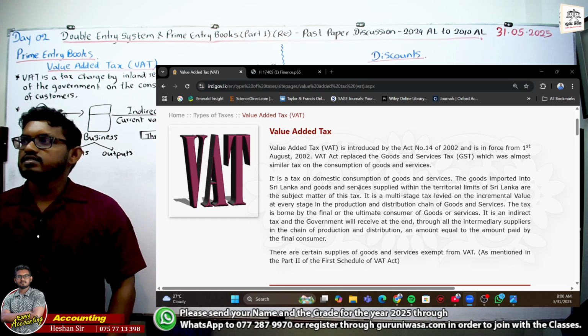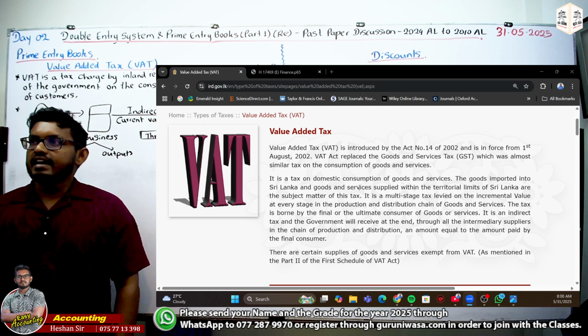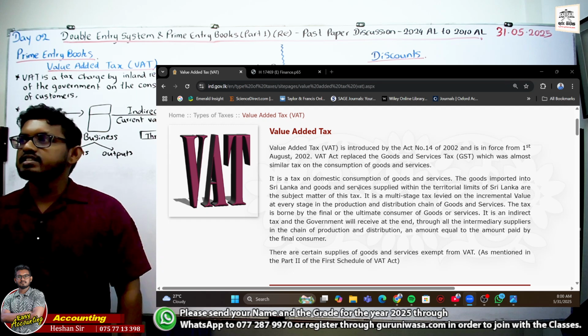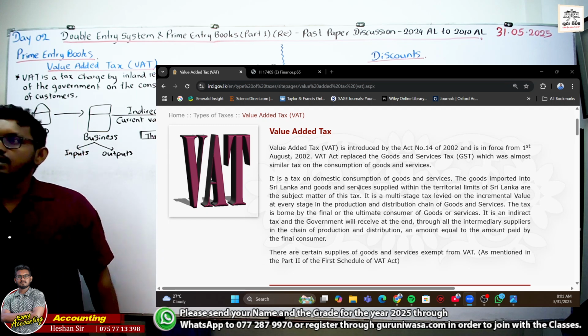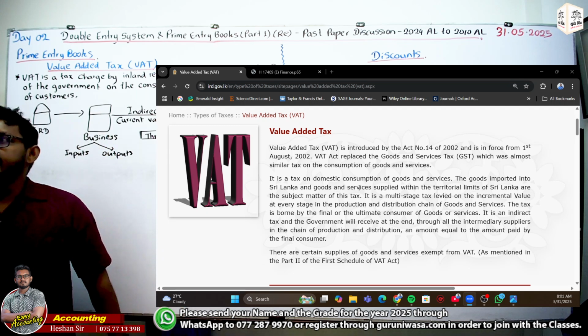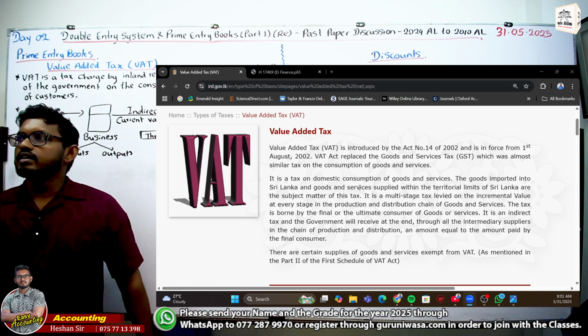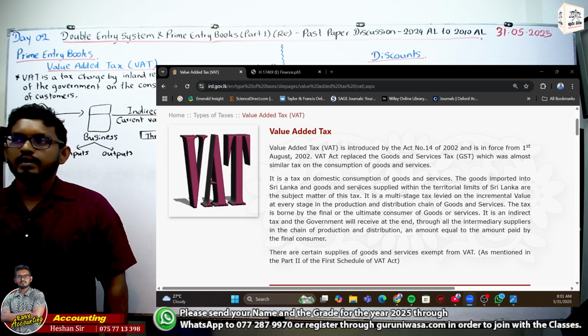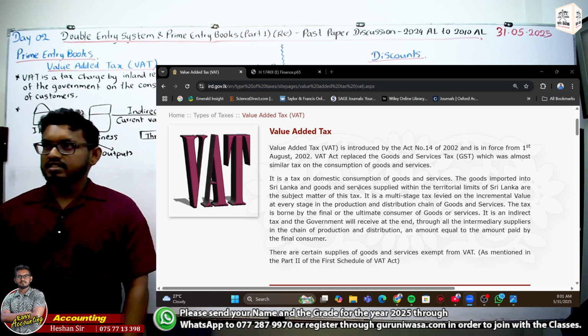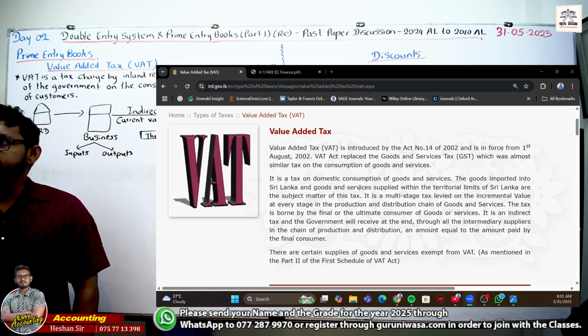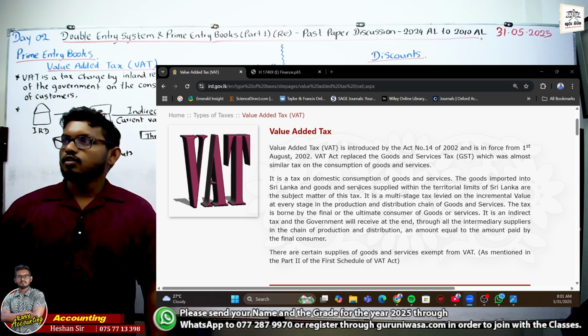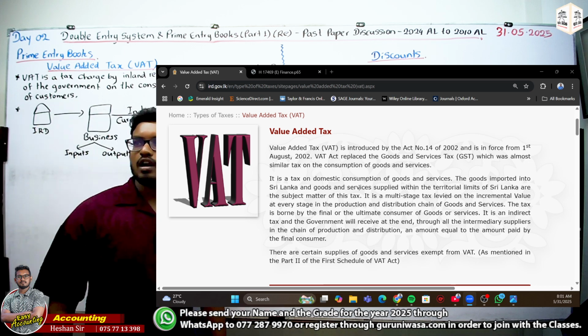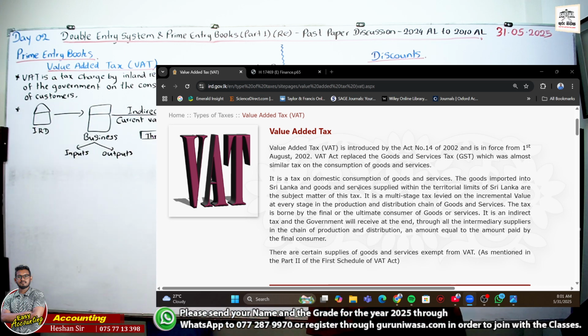It is an indirect tax, and the government will receive at the end, through the intermediary suppliers in the chain of production and distribution, an amount equal to the amount paid by the final consumer. එක හම්බෙන්නේ business වල. There are certain suppliers of goods and services exempt from VAT, as mentioned in Part 2 of the first schedule of the VAT Act.